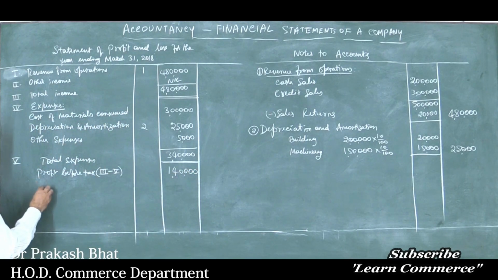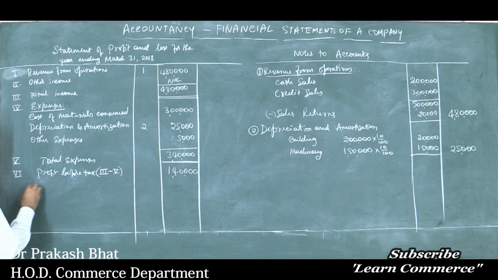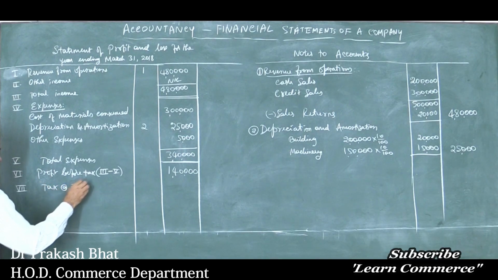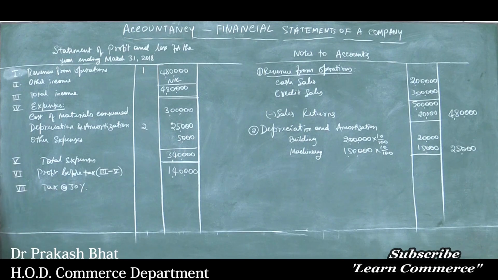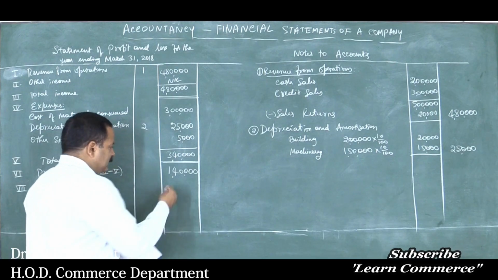Now charge tax. This is 6. Tax is 7, at the rate of 30%. So that is 42,000, correct?